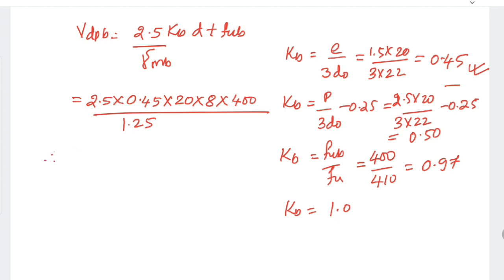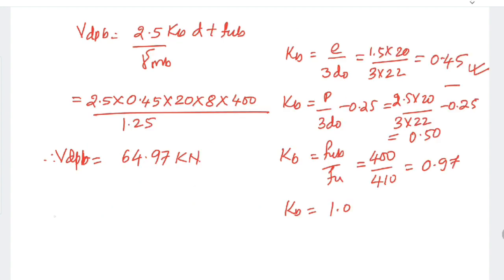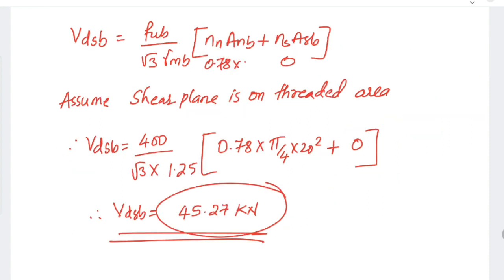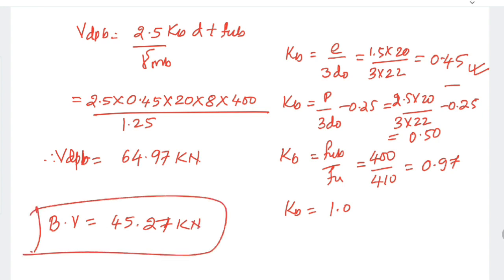So when you calculate, VDPB is equal to 64.97 kilonewton. When you compare VDSB and VDPB, the least value is VDSB. So the bolt value will be considered as 45.27 kilonewton. This is the capacity of each bolt.